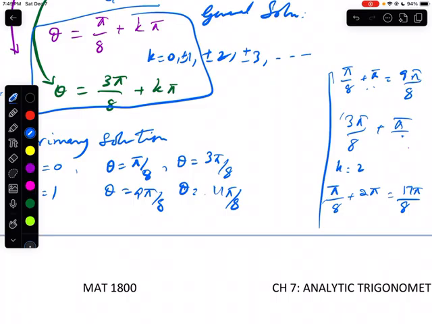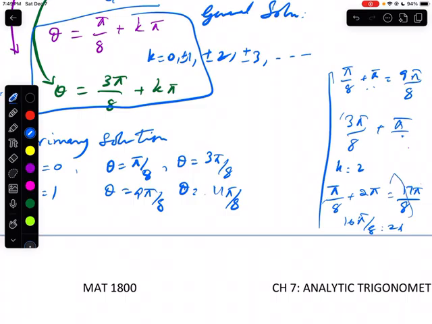How is it more than 2 pi? Because 16 pi over 8 will be equal to 2 pi, and here we have 17 pi on the top. 16 pi is going to give you 2 pi, so anything more than 16 on the top will give you an angle more than 2 pi. So we cannot have that.